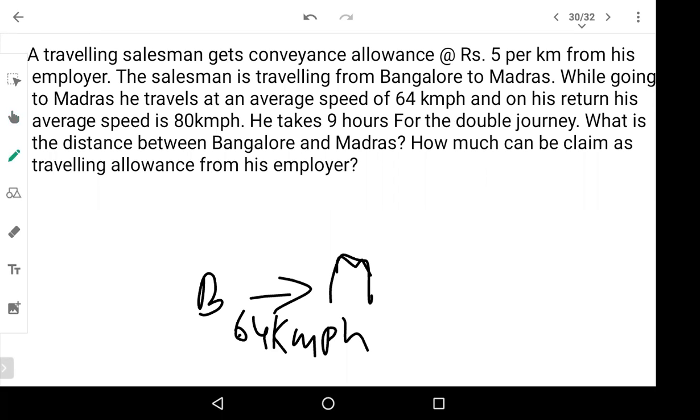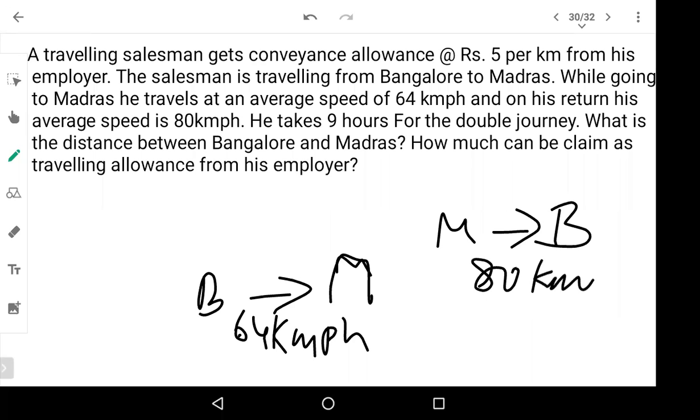So per hour he is able to cover 64 kilometer. Then on his return journey, from Madras to Bangalore, his average speed was 80 kilometer per hour.